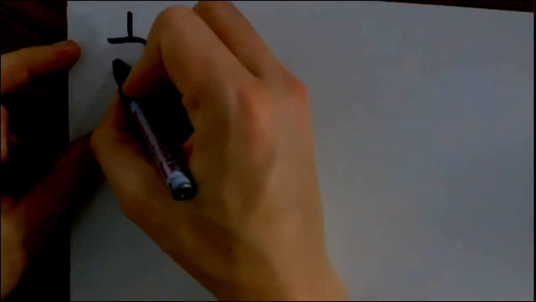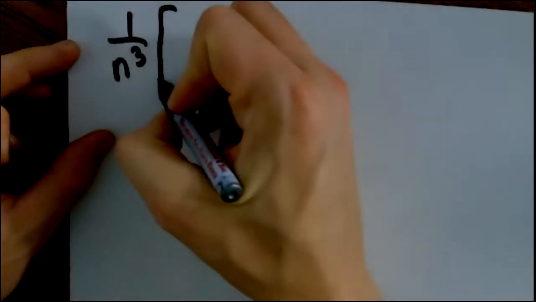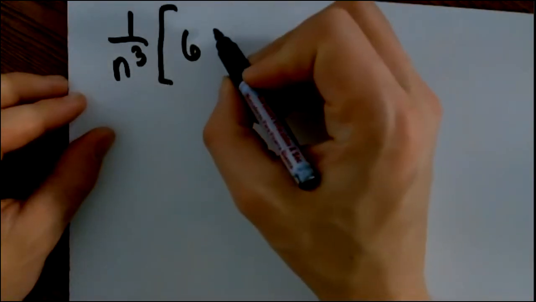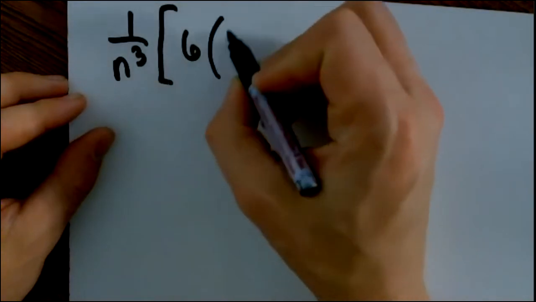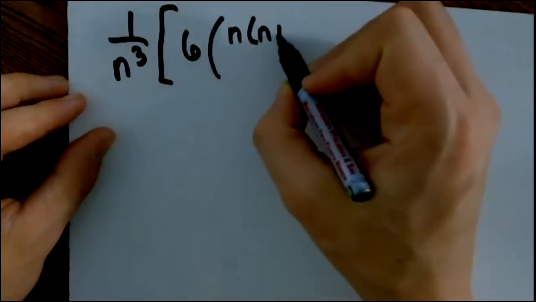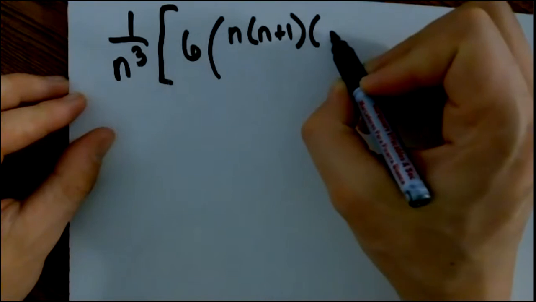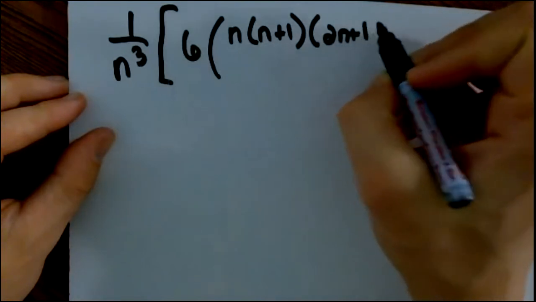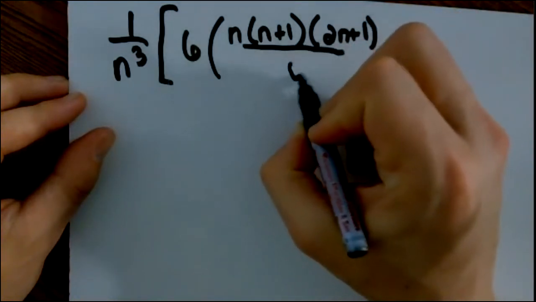So what I'm going to do is keep that 1 over n to the third on the outside. I'm going to keep that 6. And then I'm going to change k squared to my formula. My formula is n times n plus 1 times 2n plus 1 all over 6.